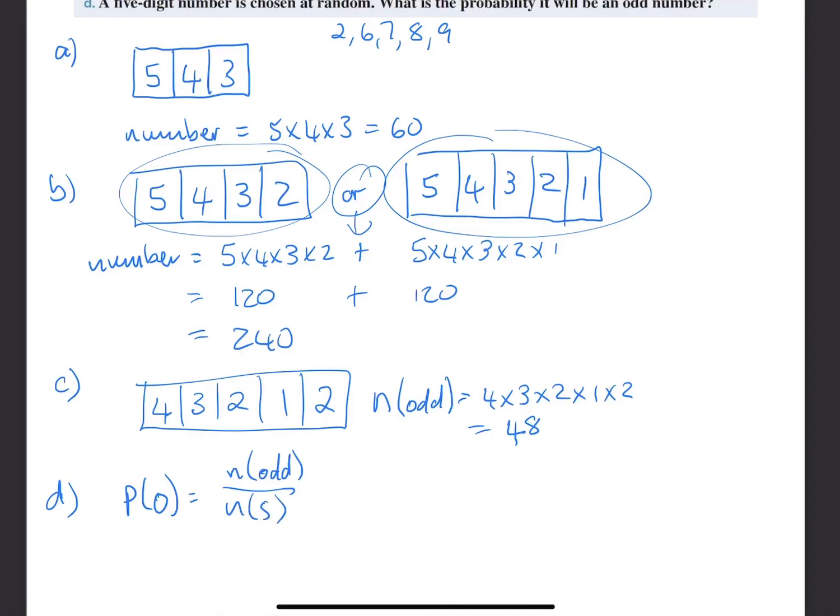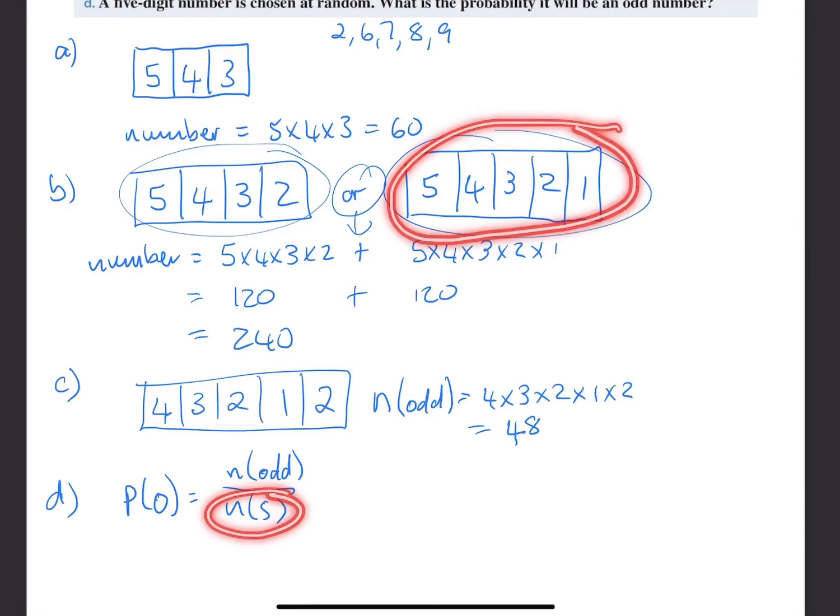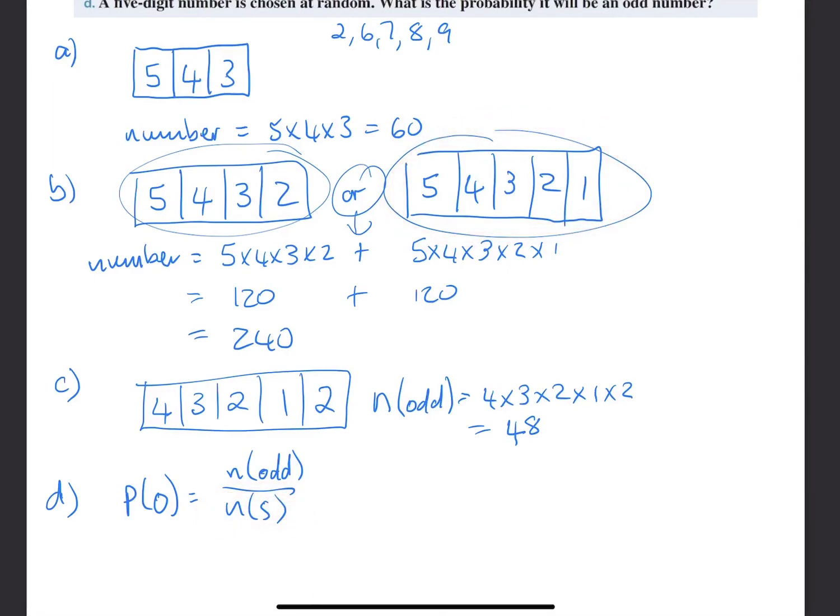We already had that: there are 120 different numbers, so this is going to be out of 120. And how many of them are odd? That's this 48. Simplifying, 48 over 120 equals 2 over 5. If this was a technology-active question with a calculator, you'd be able to see that that is 0.4.